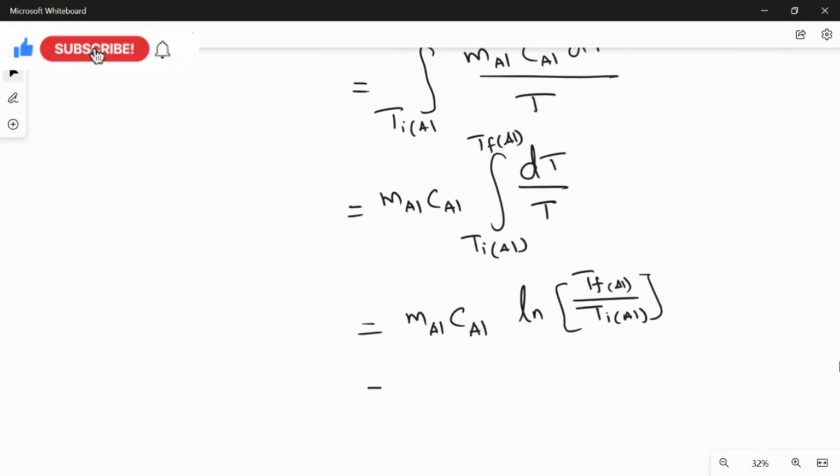Now I'm going to substitute the values. The mass of the aluminum is given in the question as 400 gram, so I convert it to 0.4 kilogram, and the specific heat capacity value is 900, multiplied with the natural log of the final temperature of the aluminum.